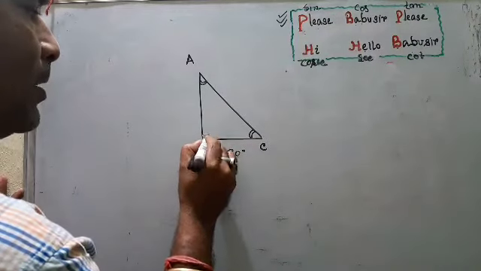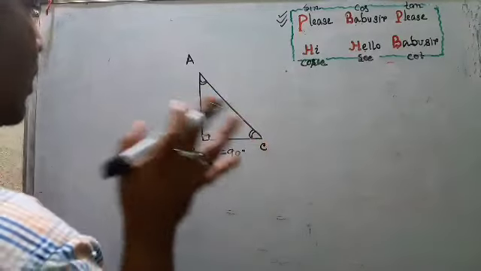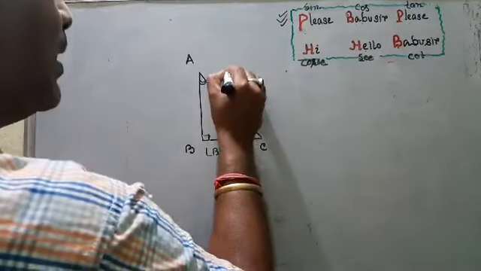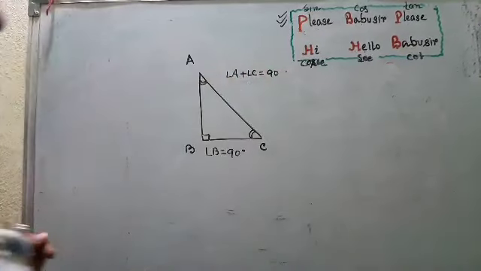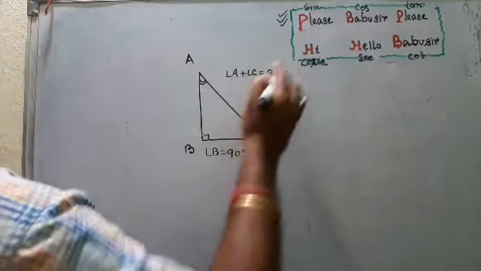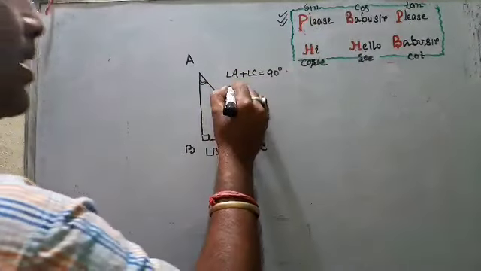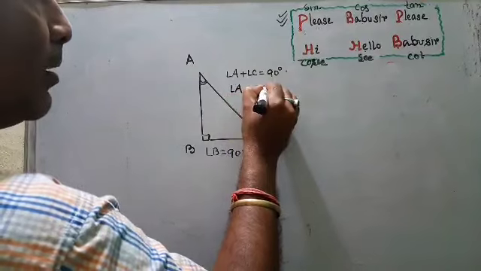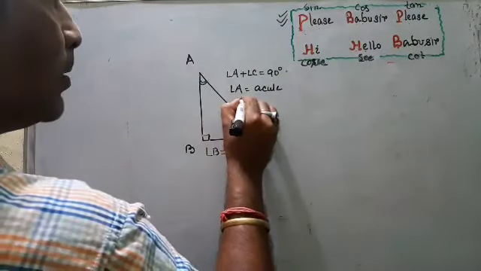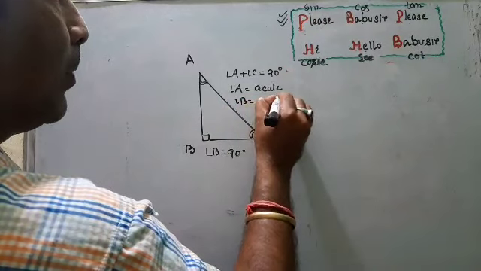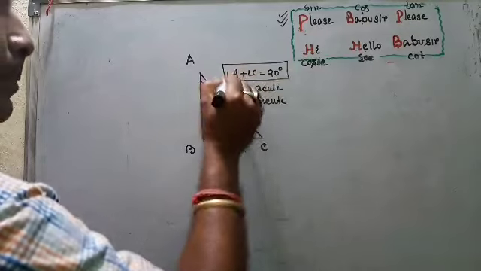Because angle B is completely 90 degree, the remaining sum of two angles, angle A plus angle C, is equal to 90 degree. That means individually angle A is an acute angle, less than 90, and angle C is also an acute angle, less than 90, because the sum of angle A and C is 90.